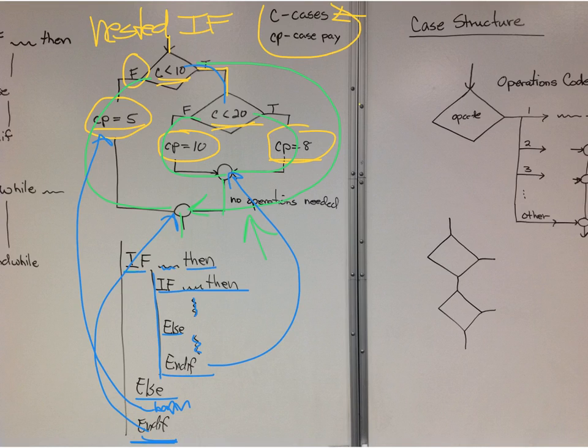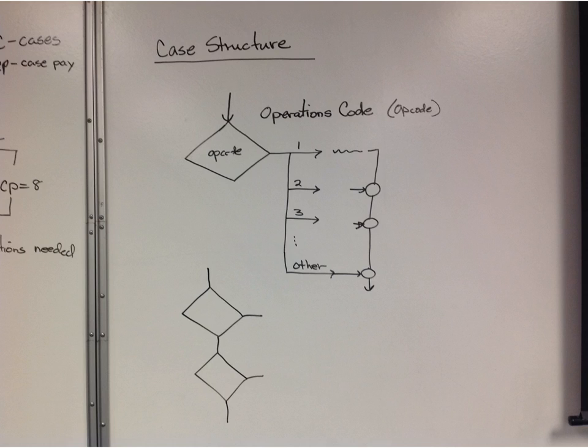Or, let's finish up here with our case structure. Let's take a look at that. Here, our last structure is a case structure. We have an operational code, sometimes called an op code. So somewhere you would input a value, and when it gets here, whatever that value is going to determine which of these it will do. And then the other is if none of them are true, then it's going to do the other.